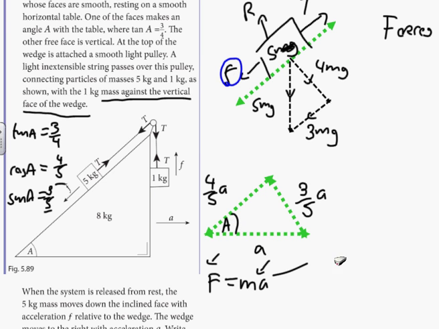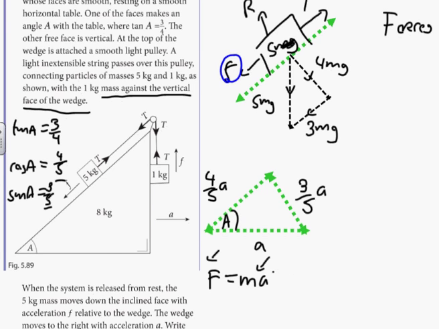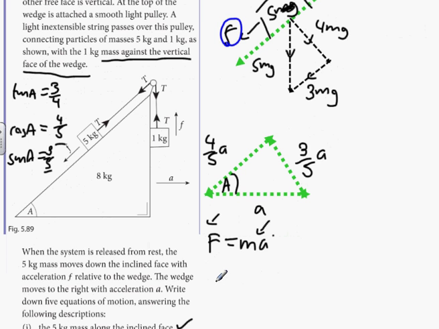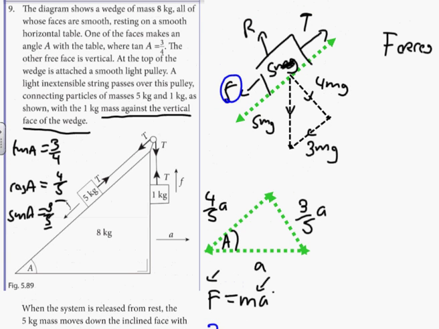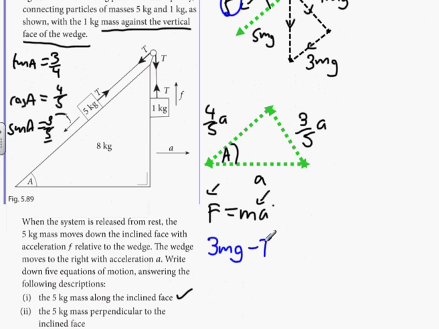Okay, so therefore what we're looking at here is you said 3 mg, was it? Now our tension working against, our minus T, and that's going to equal what, guys? What's our mass? 5m, and then in our brackets, oh sorry, it's 5 kg, so this is just 5, not 5m.